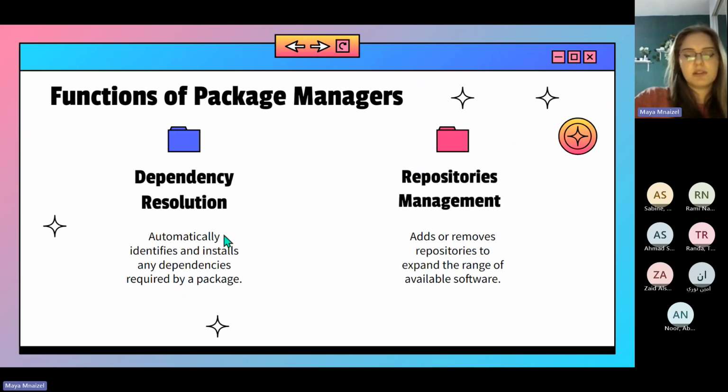Also, dependency resolution goes with the installation part. It either automatically identifies and installs any dependency required by a package. Maybe we can understand it like this: when you want to install PHP, and we're going to see that PHP is a back-end programming language, maybe there is a certain library of PHP that has to be installed also, so PHP can work.